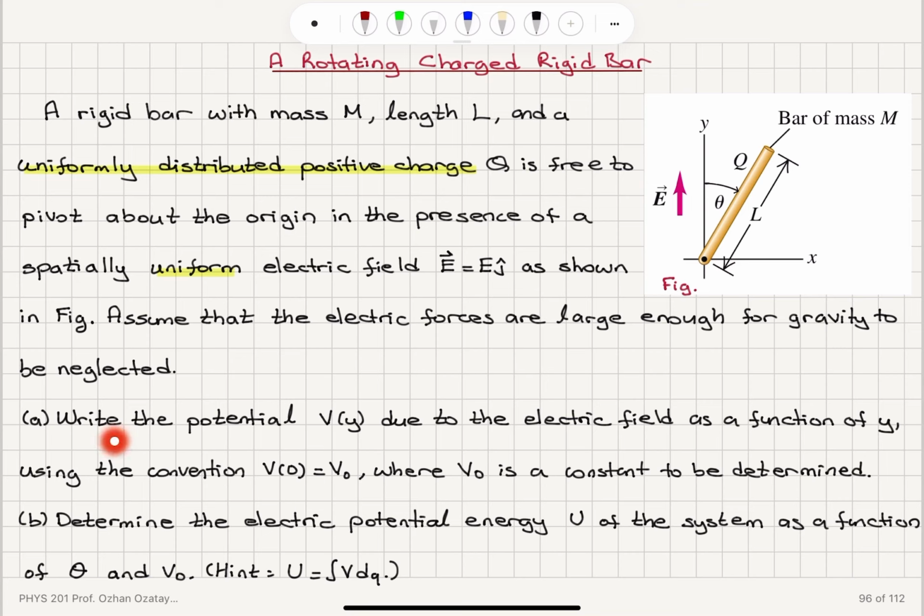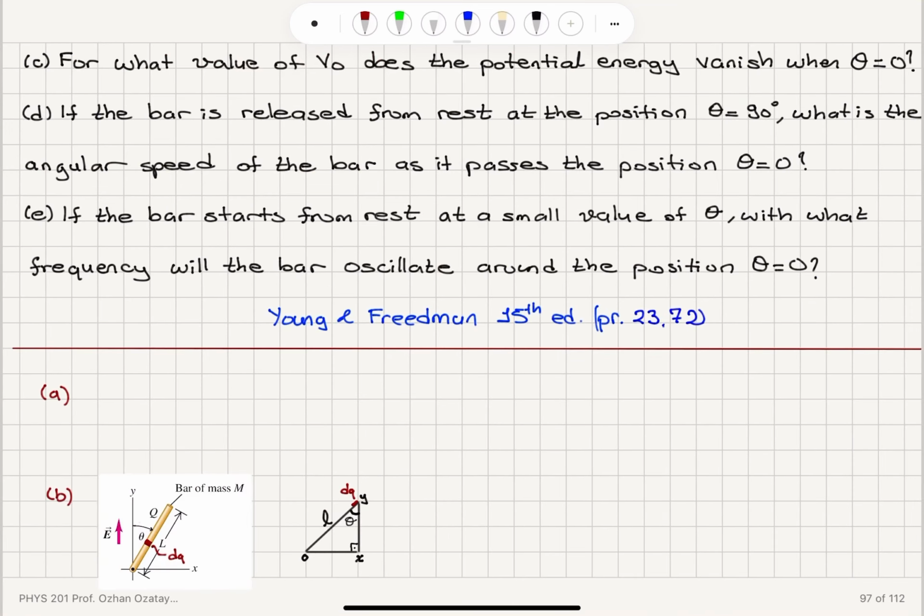Part A: write the potential V as a function of y due to the electric field, using the convention that the potential at y equal to 0 is V0, where V0 is a constant to be determined. Okay, so let's start with this.